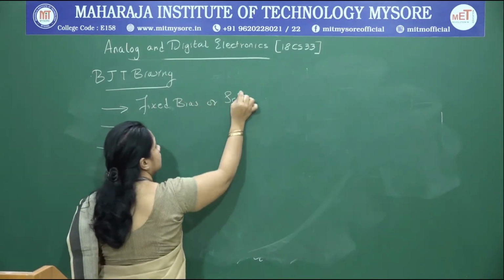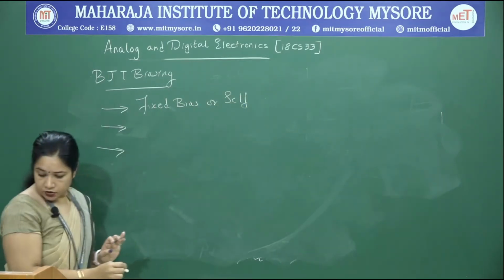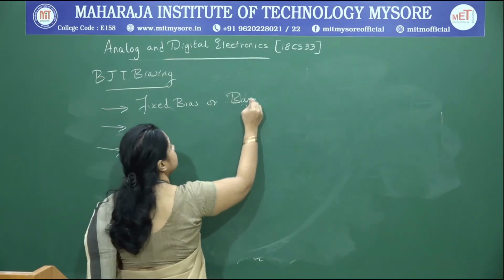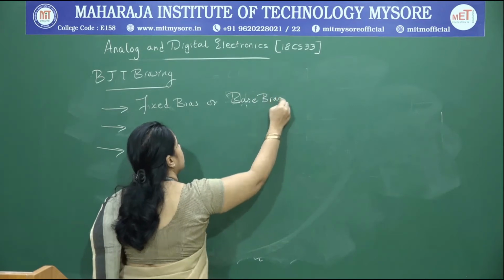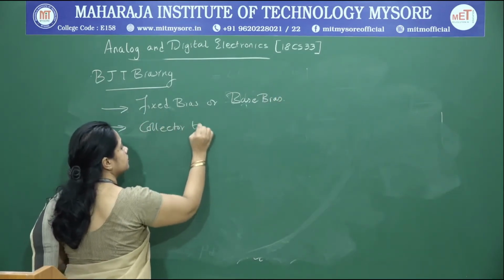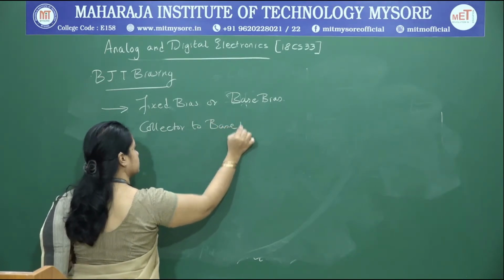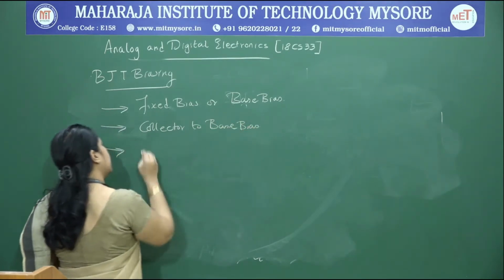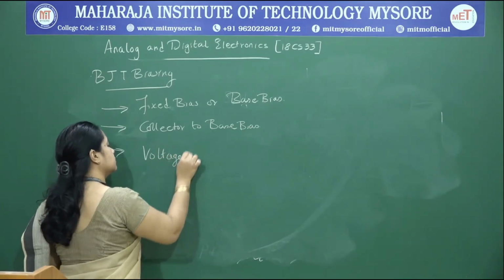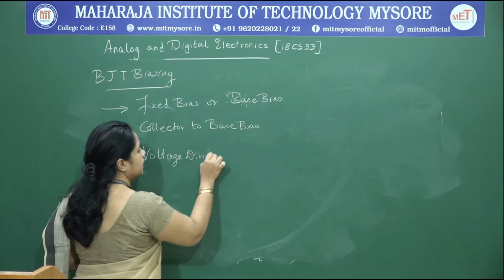or self bias circuit, fixed bias or what is called the base bias circuit. Next we have collector to base bias, and finally we have voltage divider bias.